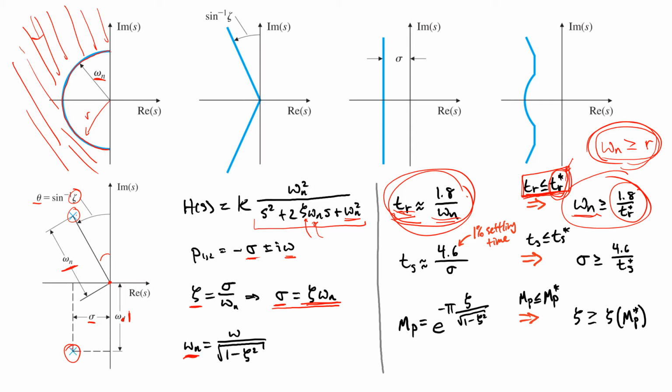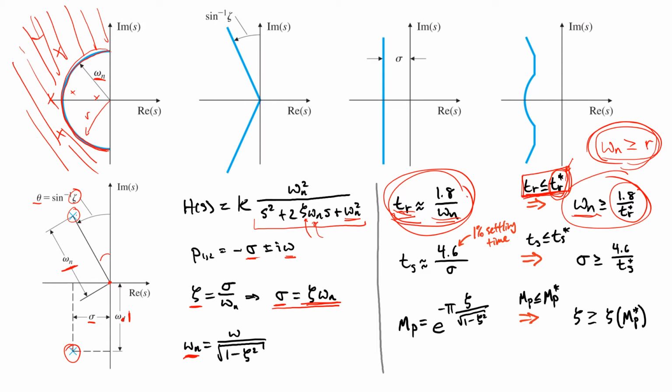That means there's going to be this semicircle in the left half plane that essentially says that any pole that lies here or here, anywhere outside that semicircle, is going to achieve our time domain specs. Anything that's inside here is not going to achieve our time domain spec for rise time.